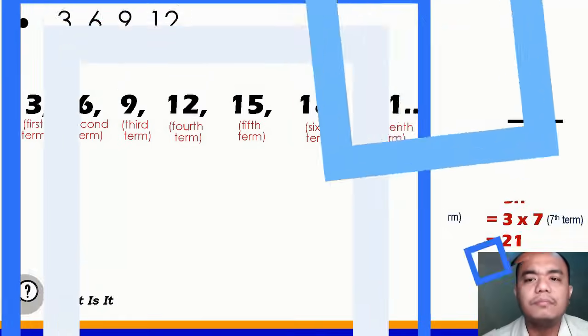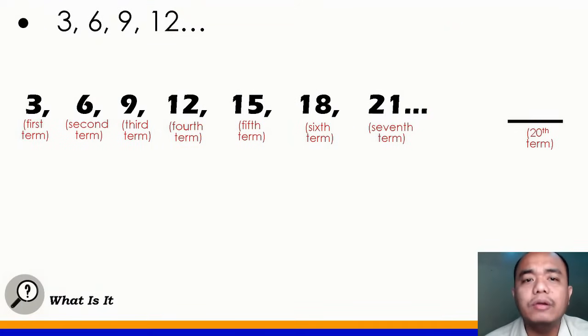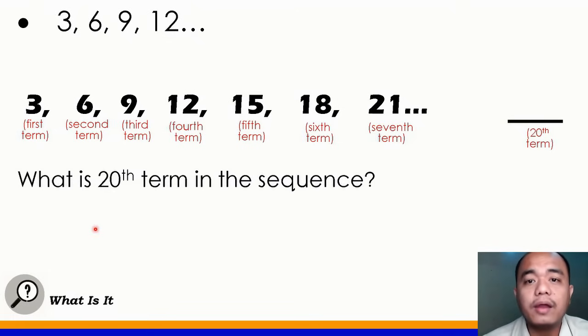That's good. Pero halimbawa, tatanungin ka ng 20th term. O, anong gagawin mo? Hahanapin mo pa ba yung 8, 9, 10, 11? Ang tagal na nun. Okay, don't worry. We can use, again, our n term here, 3n.